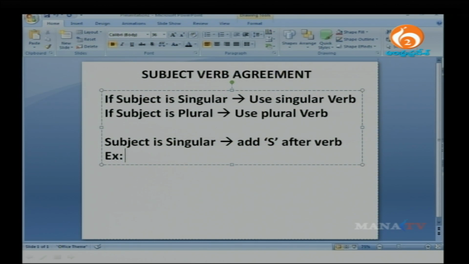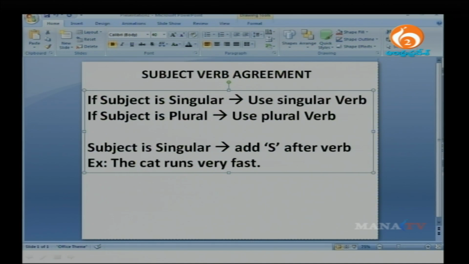For example, the cat runs very fast. So, cat is singular here, so I am using runs. You see this runs, I am saying cat is singular, hence you will use an S at the end of the verb. If I say the cats, then I will drop the S.